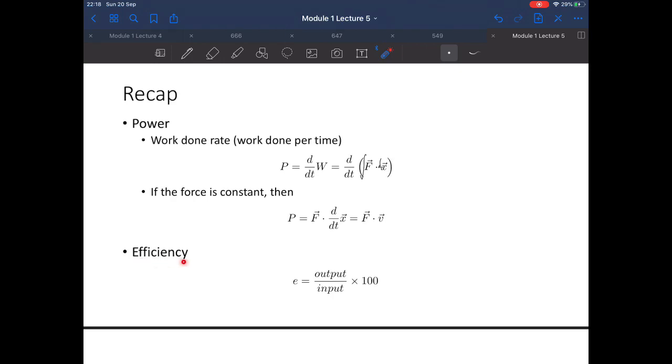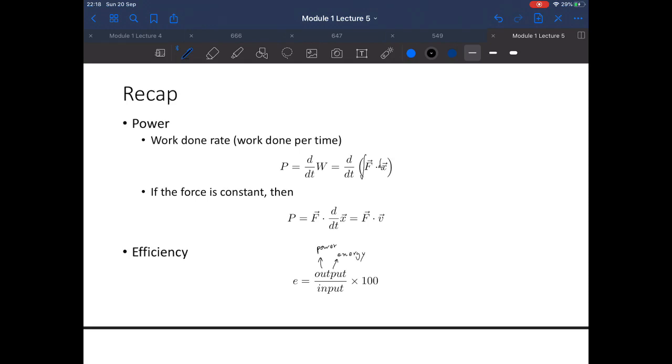And then we talked about efficiency. So efficiency E is defined as the output over input multiplied by 100. What is this output and input? So it could be work, it could be a difference in energy, or it could be power. Doesn't matter.